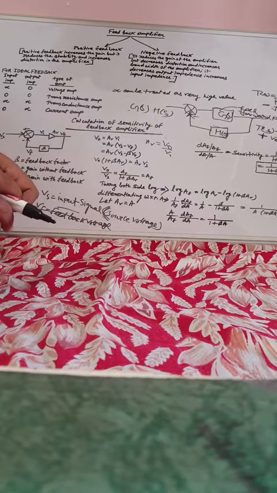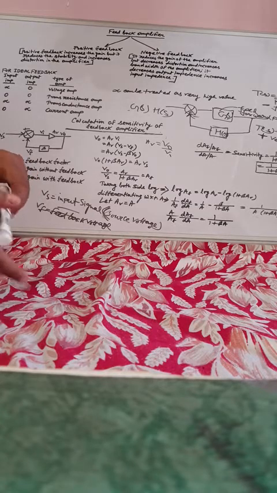That may not be in your syllabus, but you need to focus on feedback amplifier design and topologies, so that you can understand how people are actually designing the amplifier. For the time being, this is the first class of feedback amplifier. Shortly after this class, we will learn how to design feedback topologies with the help of feedback amplifier.